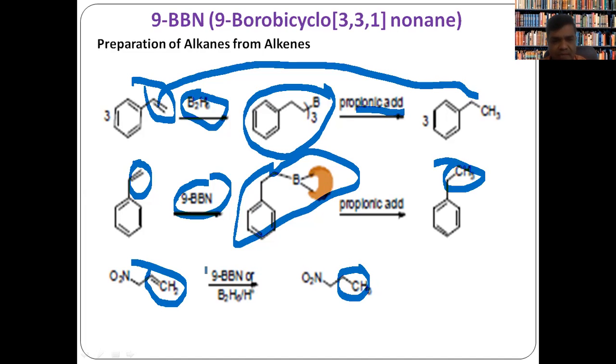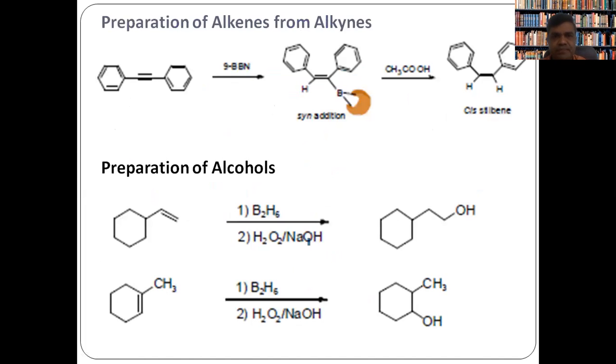Alkene is reduced to alkane with any of the borane reagents, either diborane or 9-BBN. And again, what I want to tell you is that NO2 is not reduced with 9-BBN. The nitro group remains as it is.